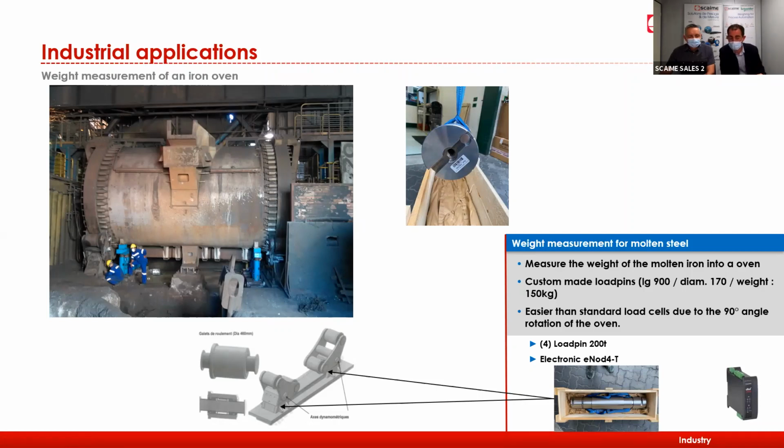In this system, using load pins was very interesting because this kind of steel or iron oven are articulated. In this case, the oven was able to rotate at 90 degrees. So using load pins was very convenient for this kind of articulated application.